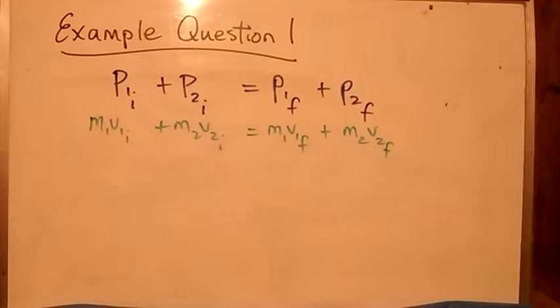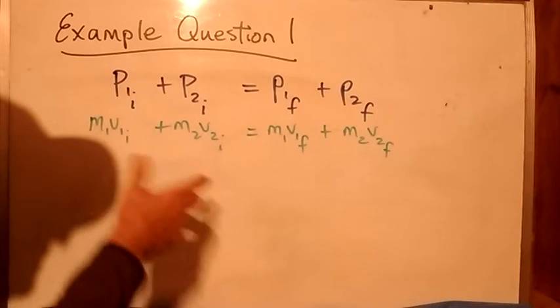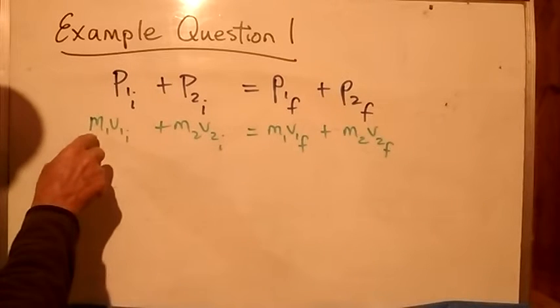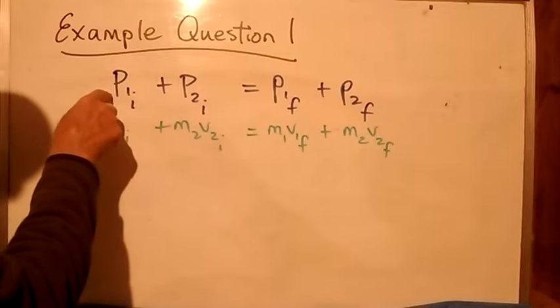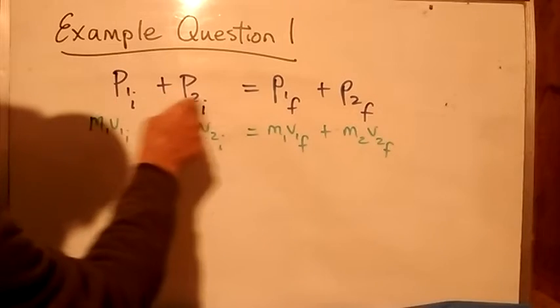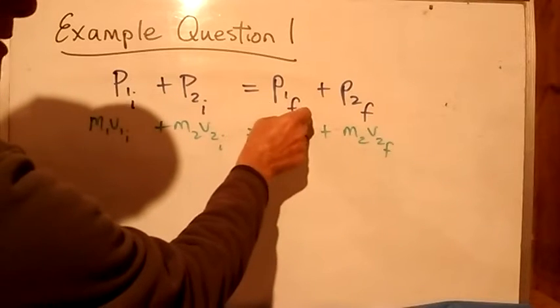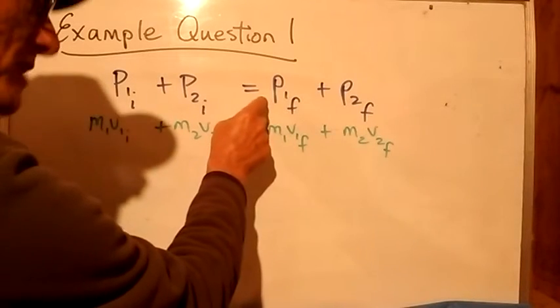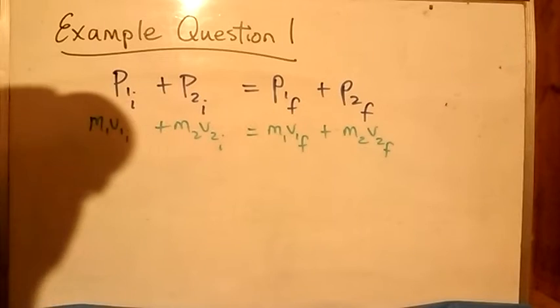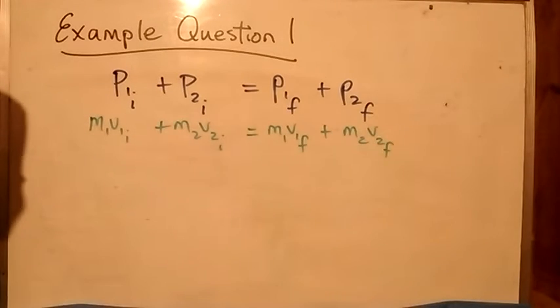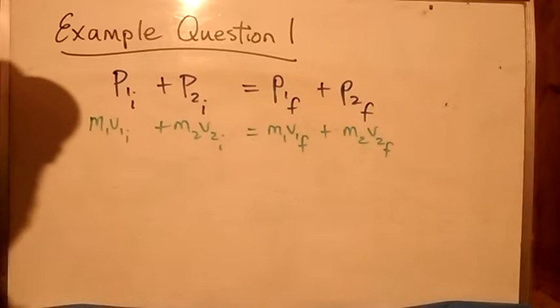In mathematical form, this is the law of conservation of momentum for two things that are colliding, in this case, two fish. We've got the initial momentum of the first fish plus the initial momentum of the second fish equals the final momentum of the first fish and the final momentum of the second fish. When you expand it out, the bigger equation looks like this. We can actually put in numbers now.